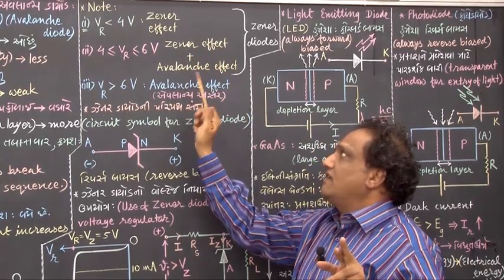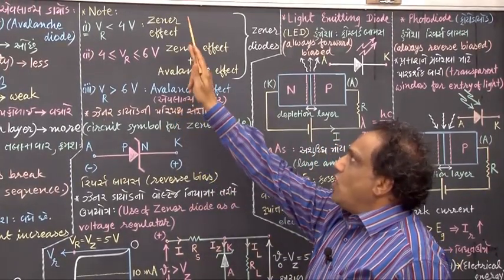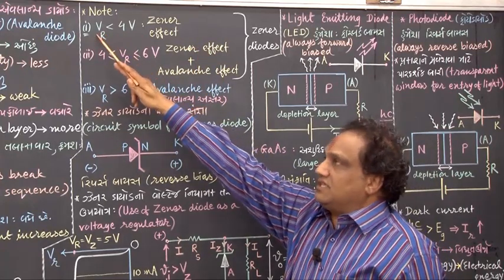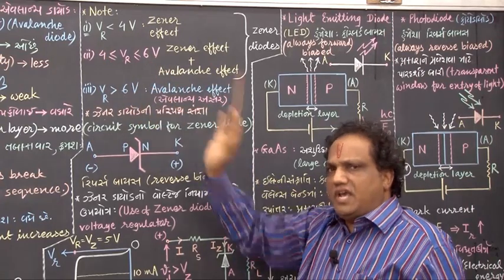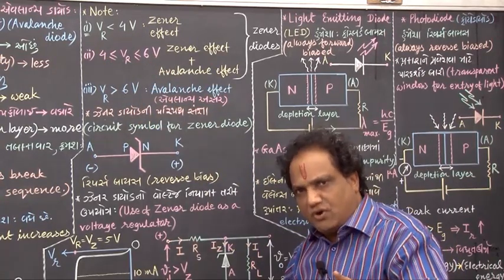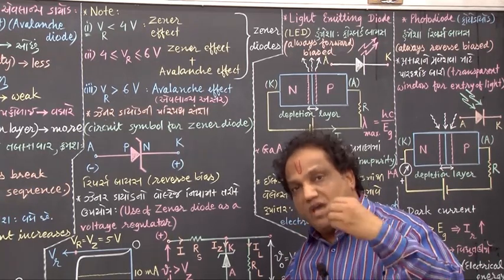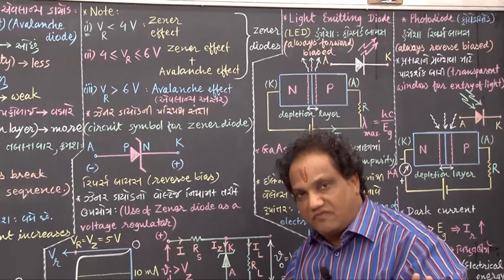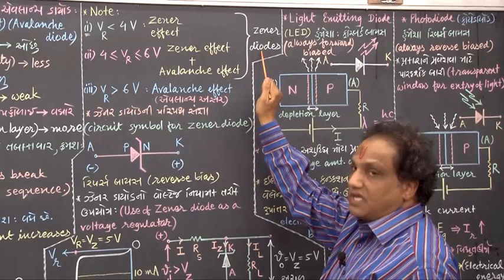Fine. But in practice, all these diodes in which breakdown voltage is either less than 4 volt or between 4 and 6, in short, a PN junction diode in which breakdown might be partly due to avalanche effect, partly due to Zener effect, or solely due to Zener effect, all those diodes are called Zener diodes, correct?